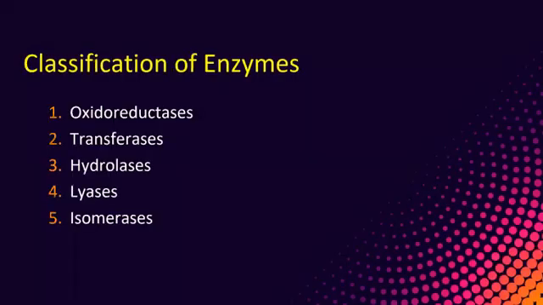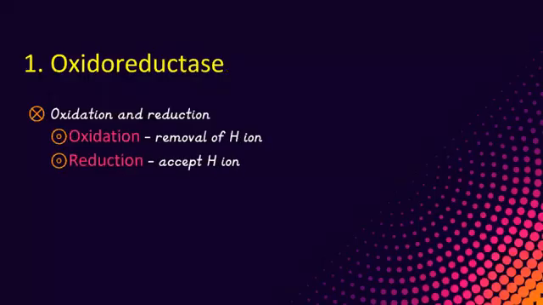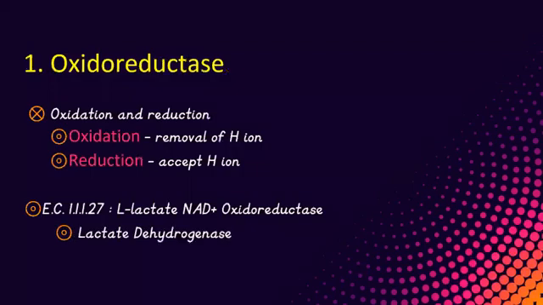Okay, so according to its classification, we have six classes: oxidoreductases, transferases, hydrolases, lyases, isomerases, and ligases. The first one is our oxidoreductase. There is a process of oxidation and reduction.